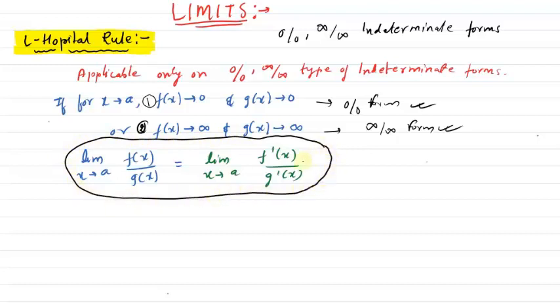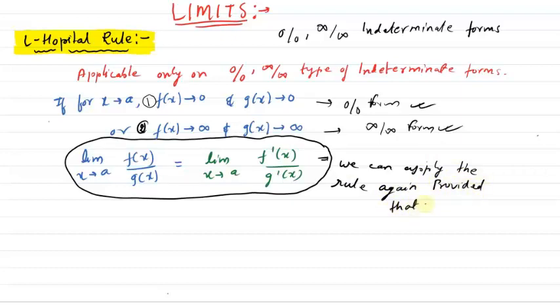Now if this also comes out to be 0 by 0, again what we can do is apply the rule again, provided that the new limit is also 0 by 0 or infinite by infinite form.